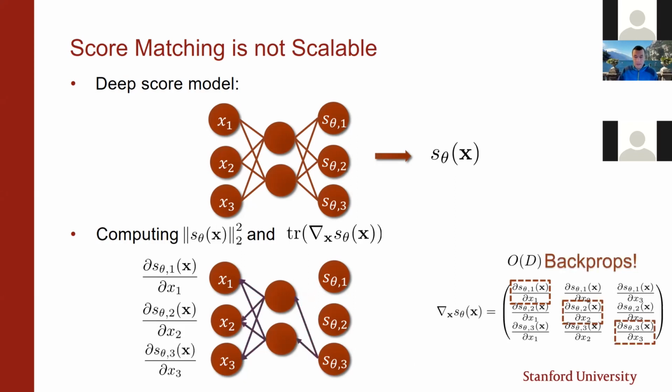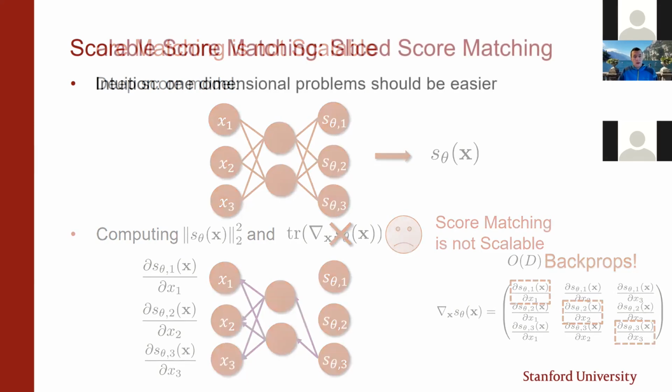So doing it naively would require something like order D backpropagations, which is horribly expensive when D is large. If you're trying to model high dimensional data, this will not work. So that term is problematic, and that's what essentially makes vanilla score matching not really scalable to high dimensional datasets. So how can we make progress?